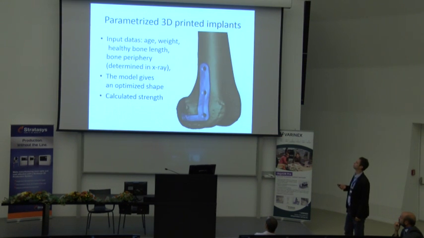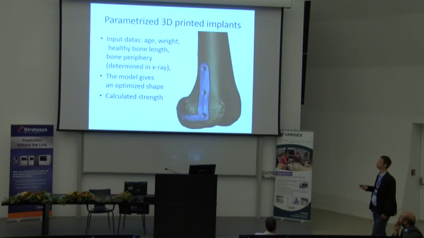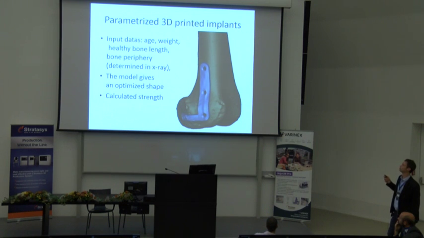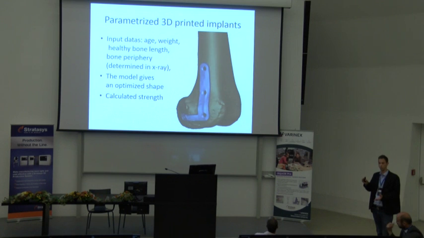This is that little implant I have designed, and this is the research for what we want to make: parametrized 3D printed implants where I can input the patient's weight, age, the healthy bone length, the bone periphery maybe, and the model will give out the implant which you can use and which is going to be printed out.